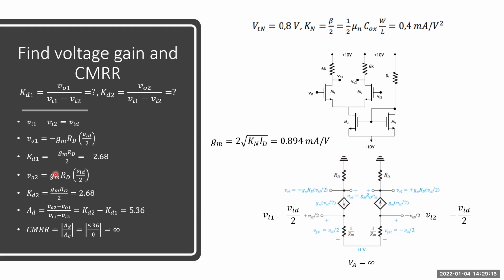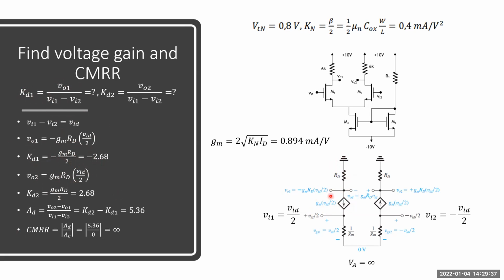What is KD1? KD1 is defined as VO1 divided by the input differential voltage. Then VID cancels out from the equation. KD1 equals minus gm RD divided by 2, it equals minus 2.68.